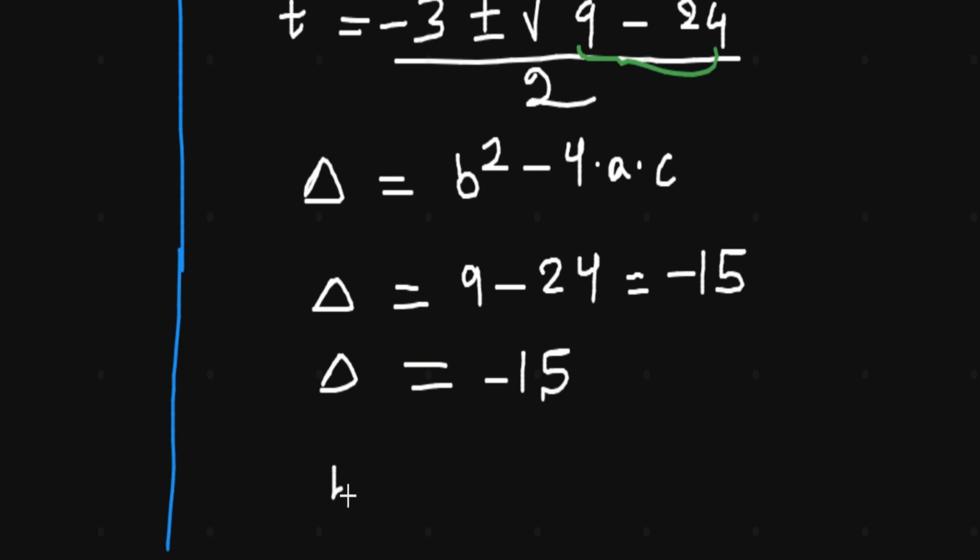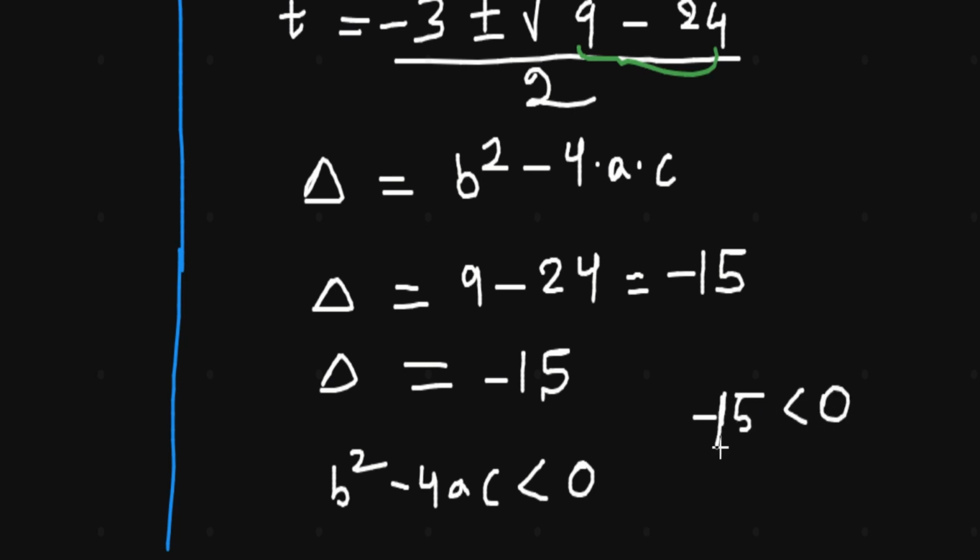So delta is equals to b square minus 4ac, right? So b square minus 4ac here is less than 0, because minus 15 is less than 0. So b square minus 4ac is minus 15, right?